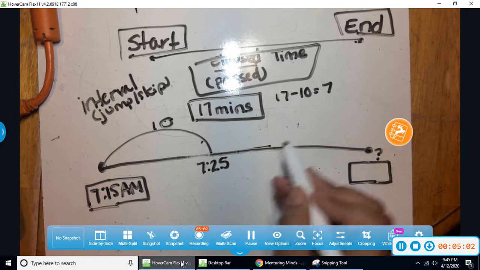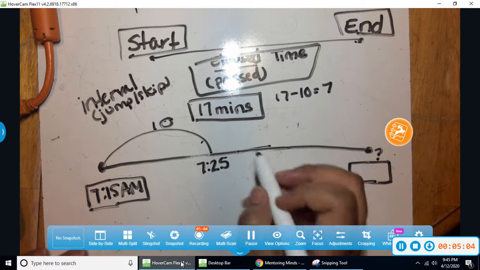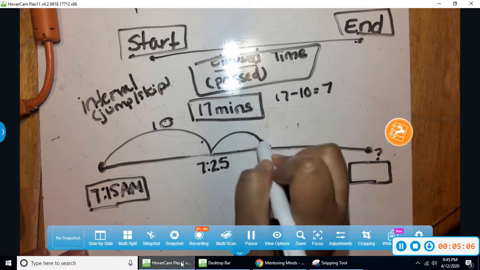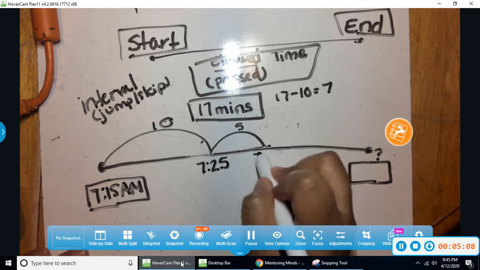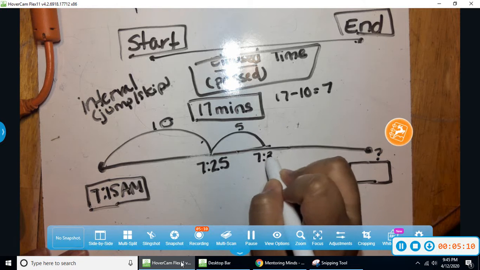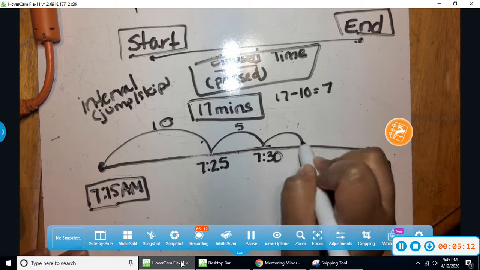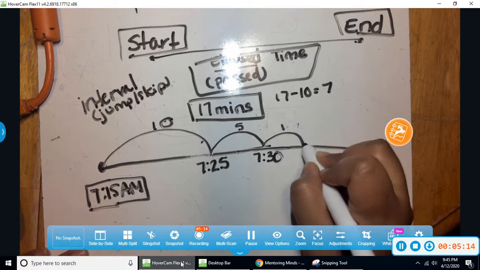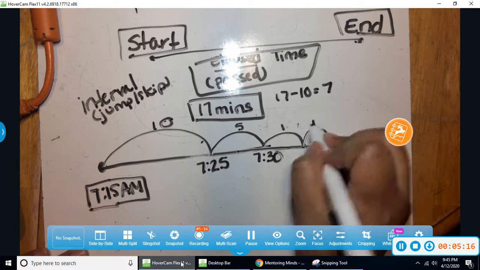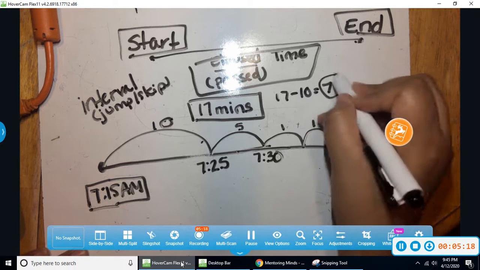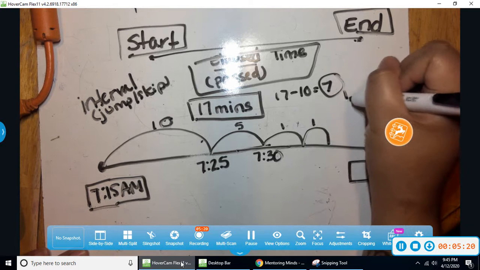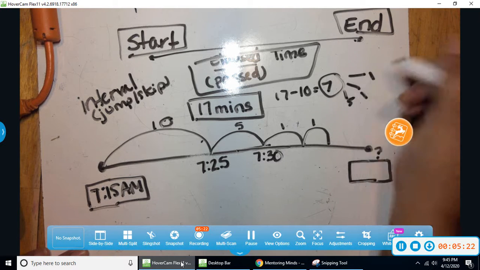And since I have 7 left, then I'm going to go 5 makes it 7:30, plus 1, plus 1. I broke down that 7 into 5, 1, and 1.